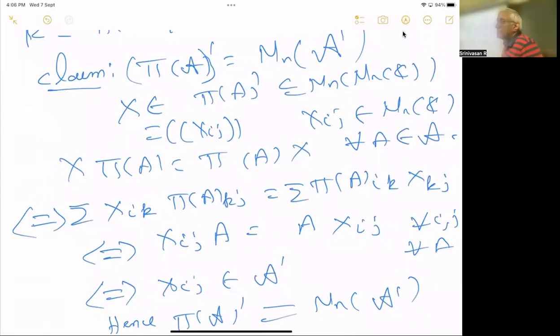If you have any doubt, let's discuss. I want to prove that pi of A commutant is Mn of A commutant, all matrices with entries coming from A commutant. I just wrote the relationship and I got it. Nothing else, just write the matrix product and you get it. That is how it multiplies.